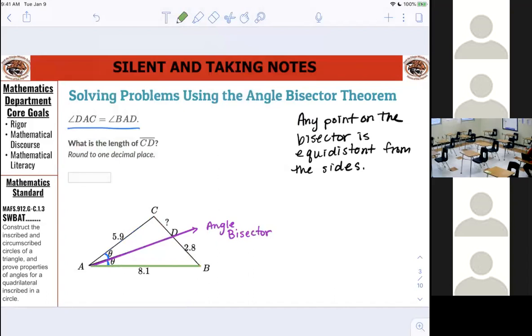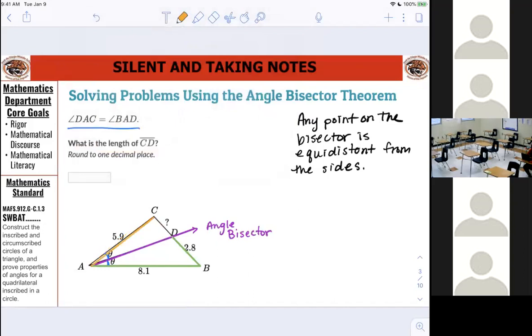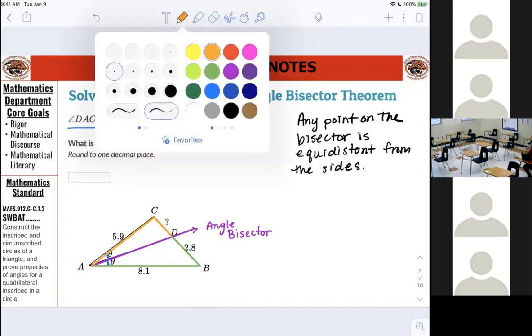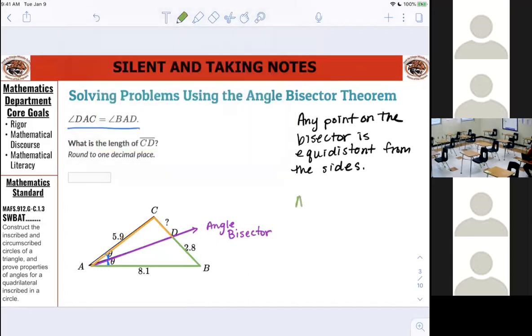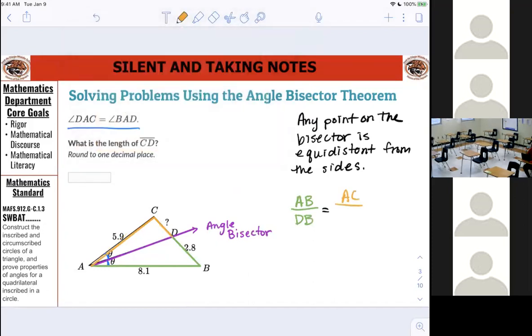I'm going to highlight these sides and set up a little proportion, because it turns out that, let me just write down the letters and then I'll see if you guys can figure out the pattern. AB over DB is going to be equal to AC over CD.